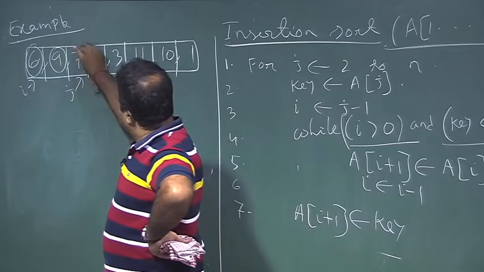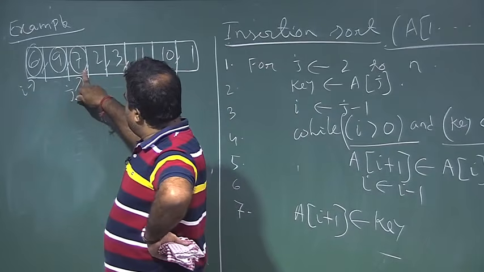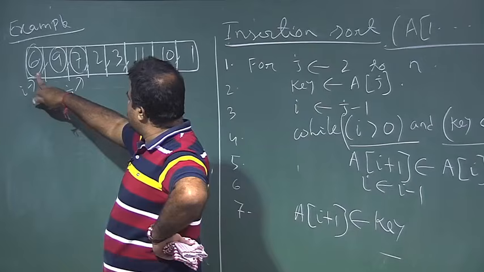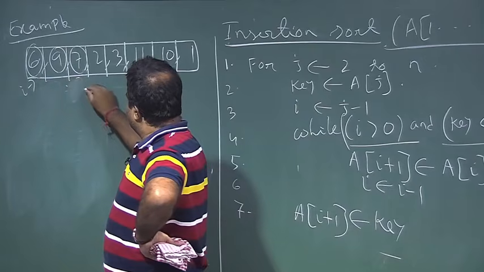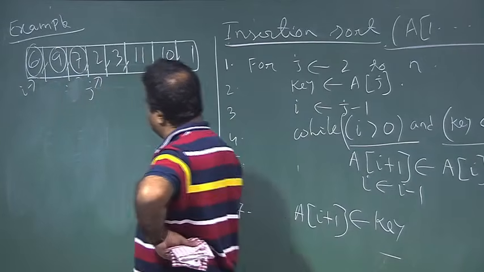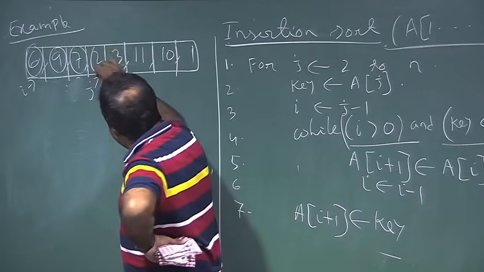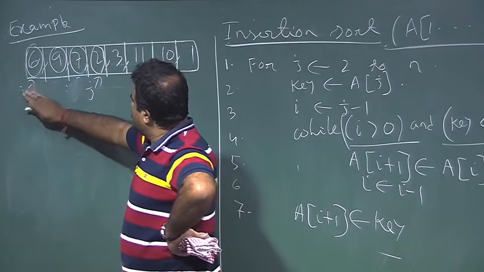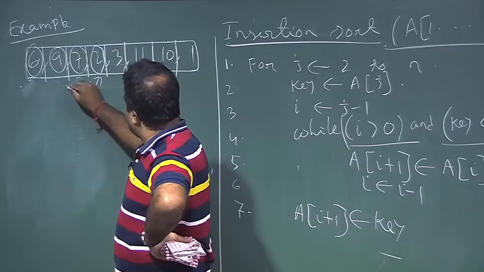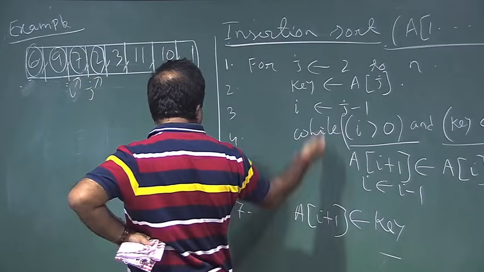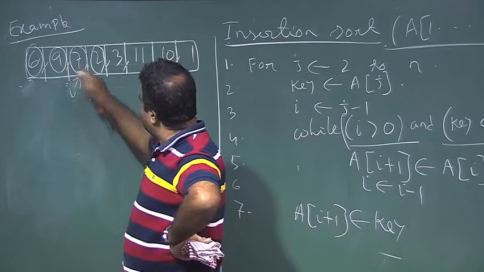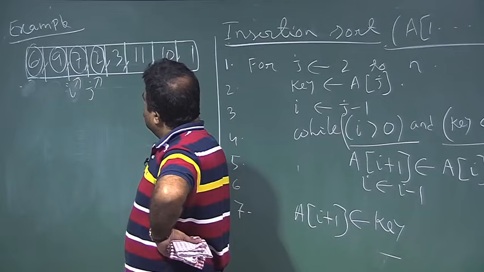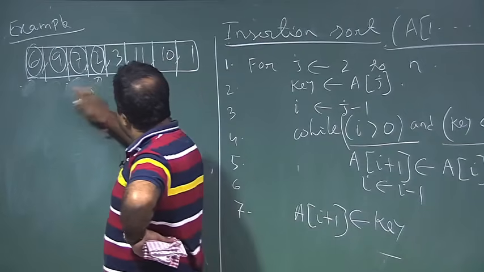Now again this is our key, and we compare it with this. This is again greater. So I is pointing at j minus 1, so every time i is j minus 1.